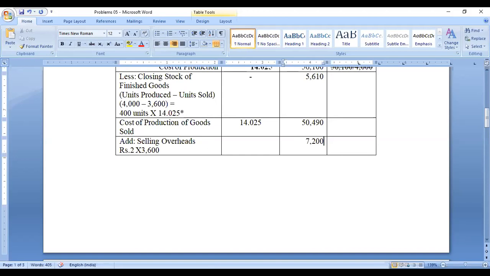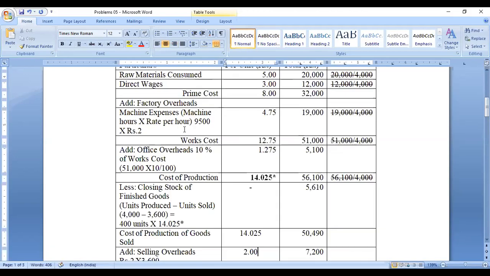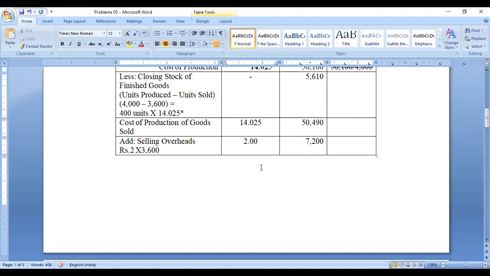Now this 2 rupees you can directly write down here. It's not a problem. This is a unit cost only. So 2 rupees you can write here directly, multiplied with 3,600. Now, putting this value, we can call it cost of sales.